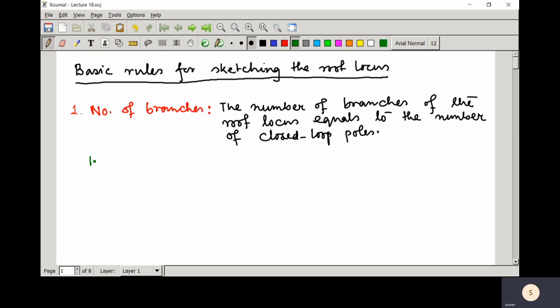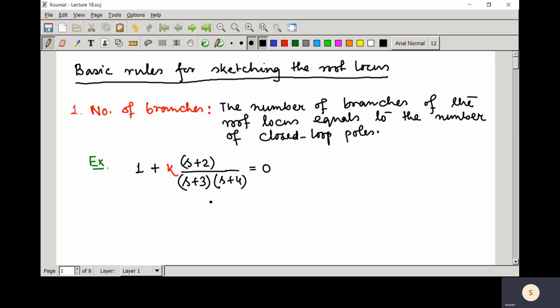So let us see. Suppose you have one characteristic equation here, where K is the gain which will be varying, and you have the open loop transfer function, or you can say the loop transfer function, that is G(s)H(s). So this is equal to 0. From here we can see the number of closed loop poles.